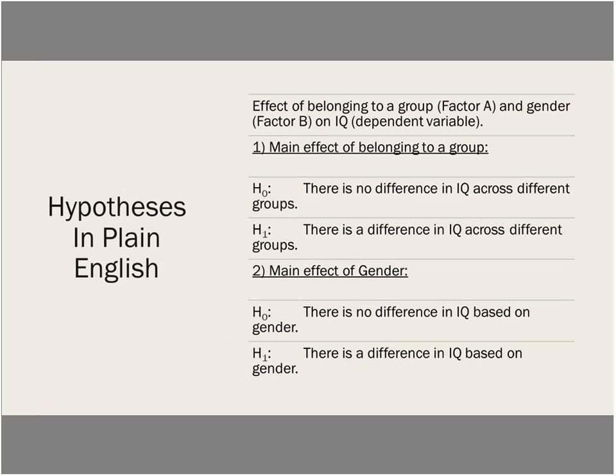Then the alternative is going to say, yes, there is a difference. Then for the second factor, which is based on gender, the null is there's no difference in IQ based on gender, but the alternative is going to say, yes, there is a difference in IQ based on gender.